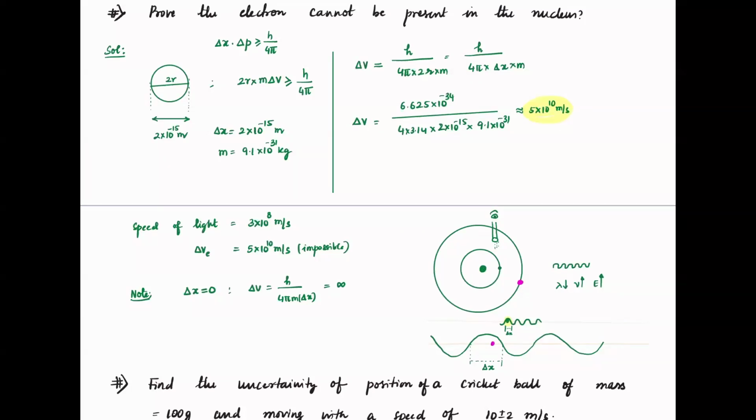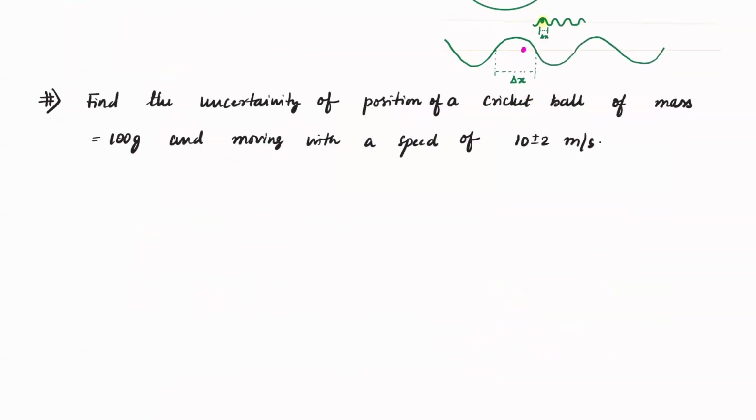Now notice, if a similar question is asked for a macro particle like a cricket ball. Suppose you have a cricket ball with a mass of 100 grams, moving with a speed of 10 plus or minus 2 meters per second, where plus or minus 2 is the variation you are expecting.